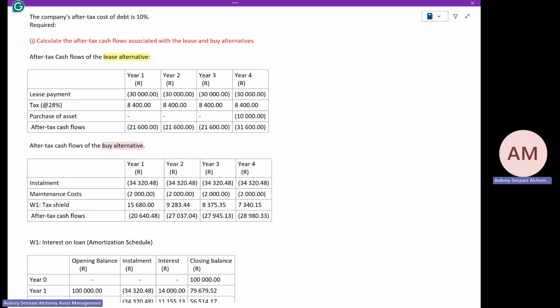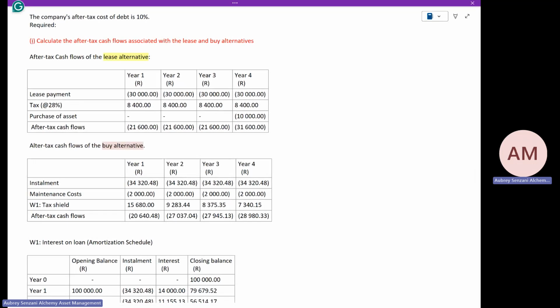Now, what we need to be mindful of is the 10,000 at the end. Remember, they said at the end, we have that option to buy the equipment. And they said the financial manager, which is us, intends to take advantage of that. So just be mindful, because in another question, they might say the financial manager does not intend to, because the equipment will be obsolete.